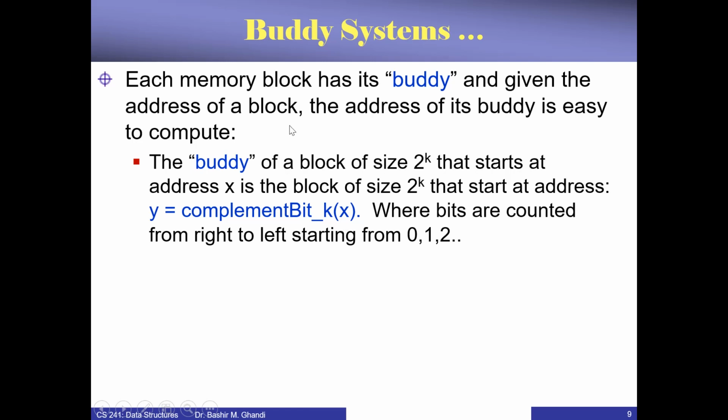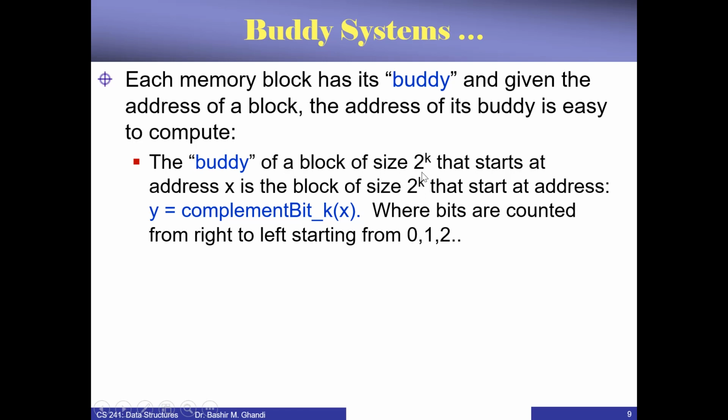So our block A, for example, of size 2 to the power k has address x. The question is, what is the address of its buddy, let's say block B? Of course, B will have the same size as A, so it is also of size 2 to the power k. The question is, where is it in the heap?